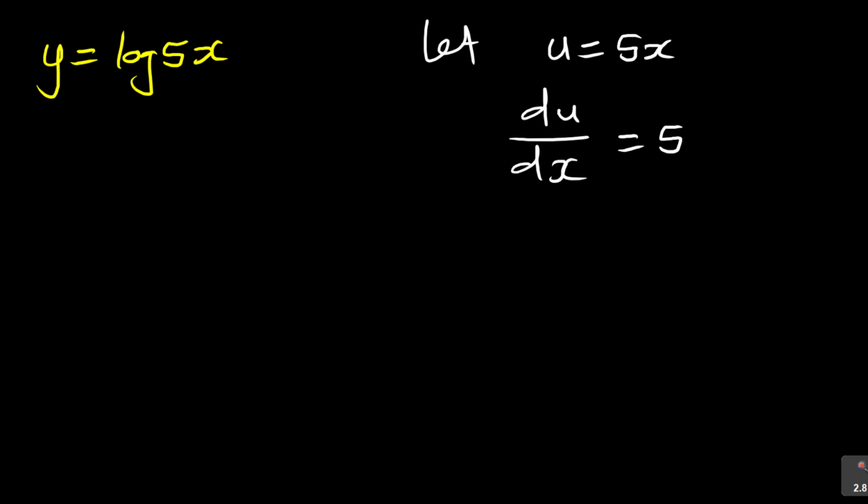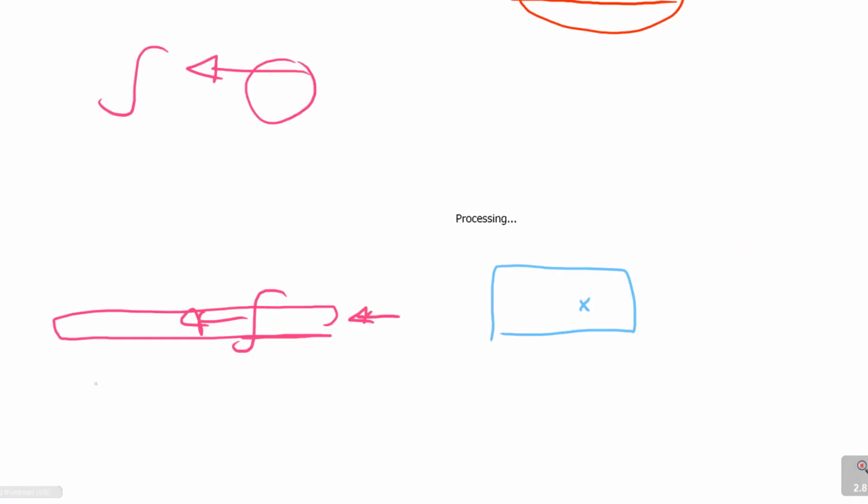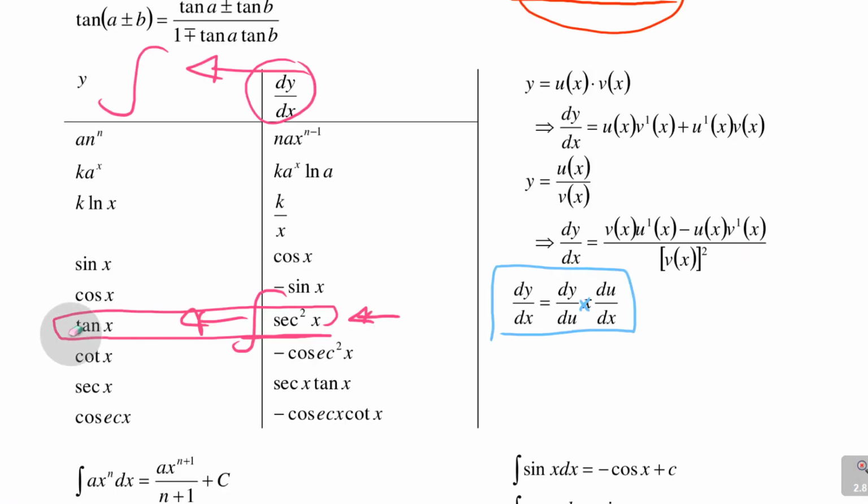So what do I have? I've got my y is equal to log u. Are you getting that? Now I just got a little bit of an issue when I'm differentiating log. Let's start with the formulas. You see, they don't give logs here.